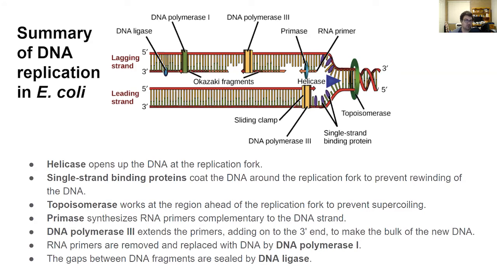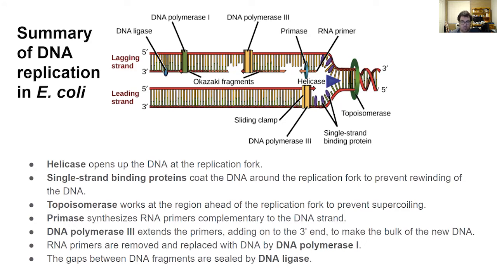So, in summary, a good place to start is to focus on a relatively simple organism, the E. coli bacterium. We start by having the helicase enzyme, represented by the triangle in the parting chains. That opens up the DNA at the replication fork, and all this looks like a bubble forming in the strand of DNA.